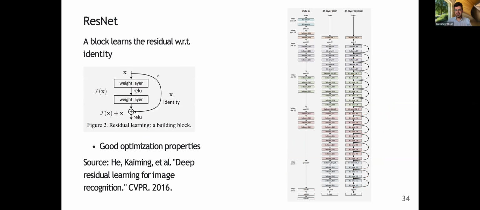So here's sort of zooming in a little bit at what exactly one of these skip connections looks like. They call this a residual learning block. So we have two weight layers, and the input to this pair of weight layers is actually combined with the output.